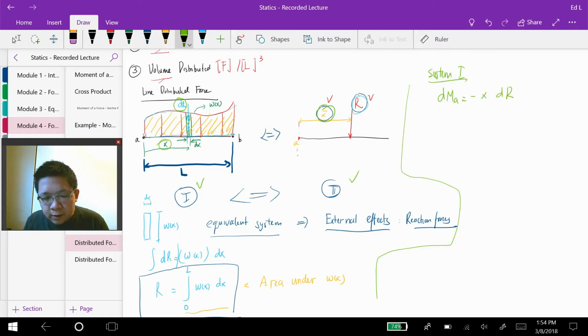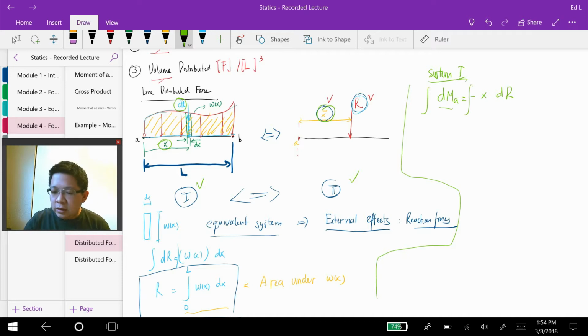Since this differential moment is just a contribution of dR, meanwhile we are interested in finding the contribution of moment from the entire distributed force, then we will need to perform the integration.